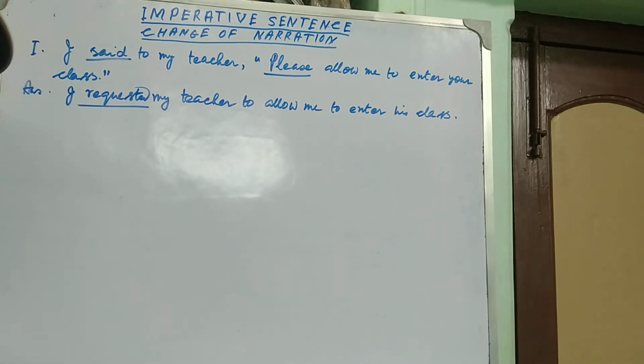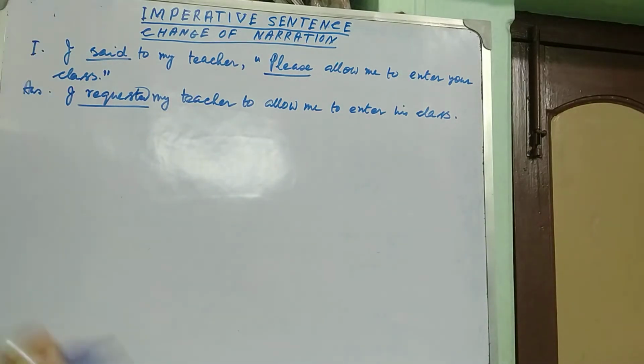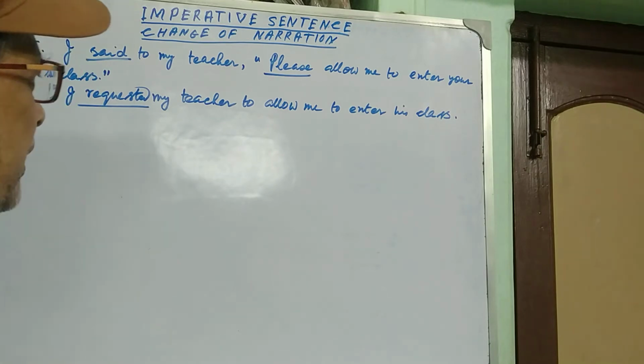And you must be rest assured that the verb request will not take "to" after it. Not "I requested to my teacher", but "I requested my teacher to allow me".